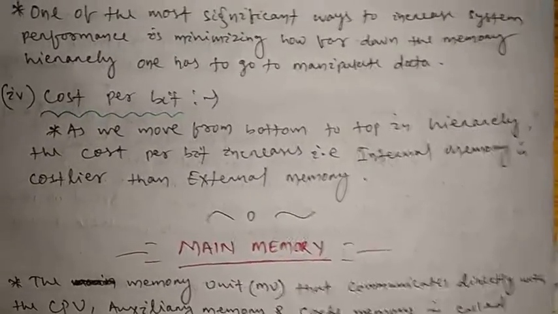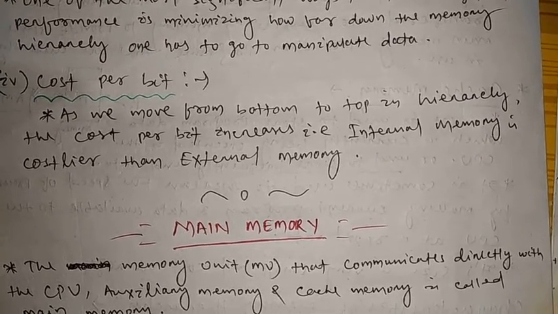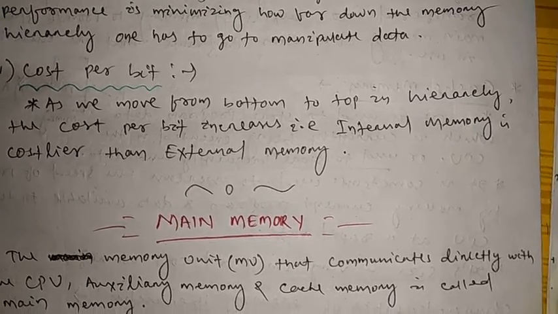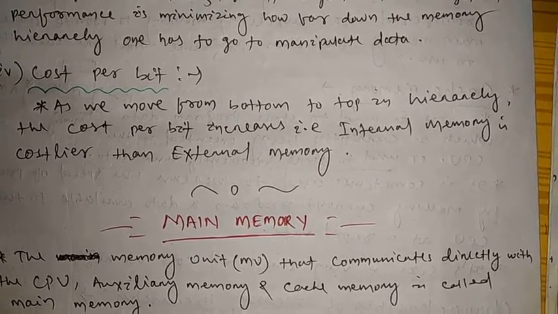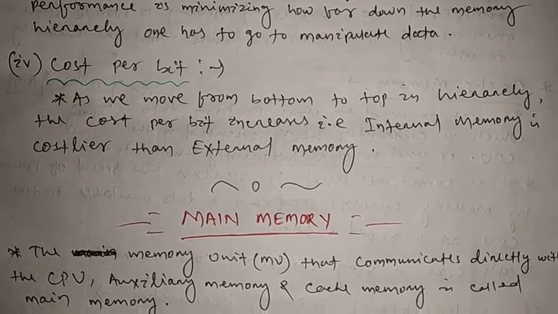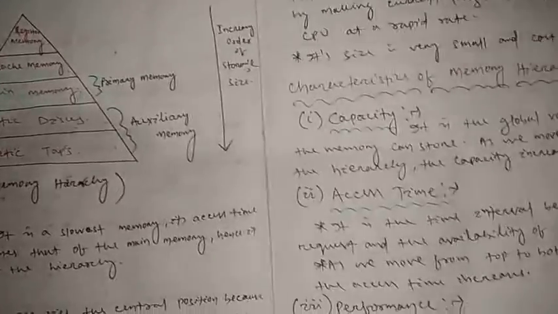And cost per bit: as we move from bottom to top in the hierarchy, the cost per bit increases, that is, internal memory is costlier than external memory. So obviously register and cache memory price is more than hard disks or external devices. So this is all about the characteristics of memory hierarchy.